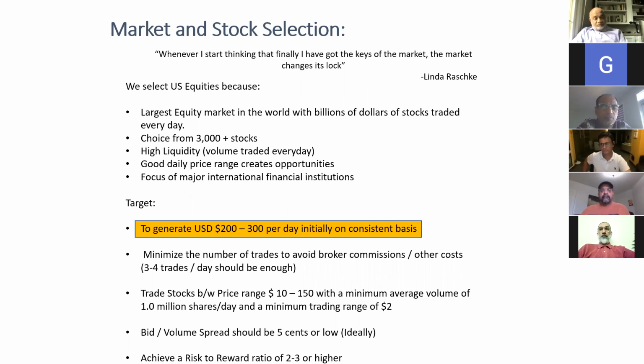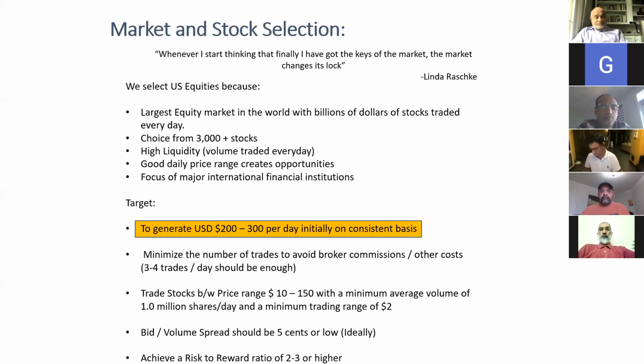And we target a risk to reward ratio of 2 to 3 or higher, minimum 2. 3 is optimal. What it means is that when we enter a trade, we are risking a certain amount, let's say $200 or $300, and we should be targeting at least $600 or $900 accordingly.